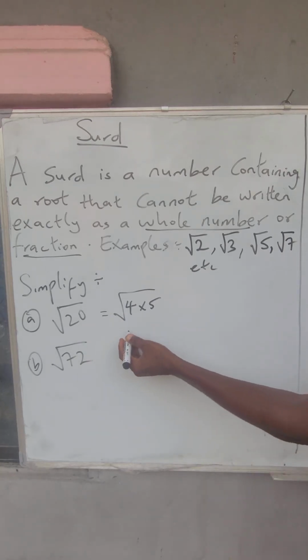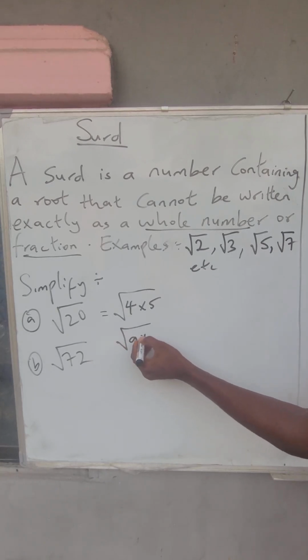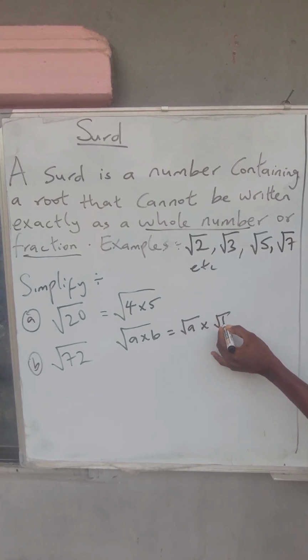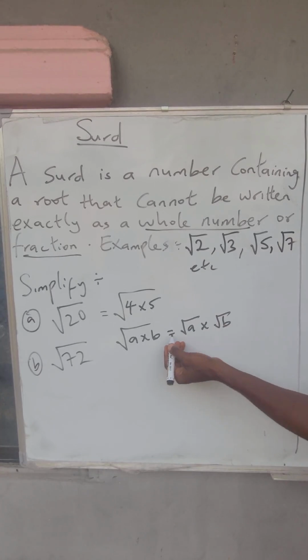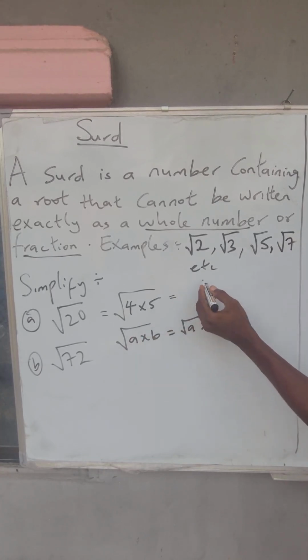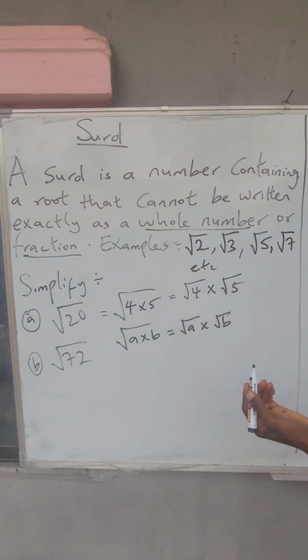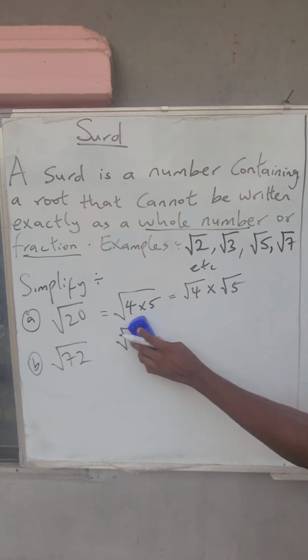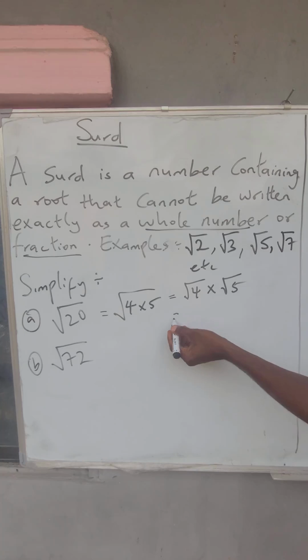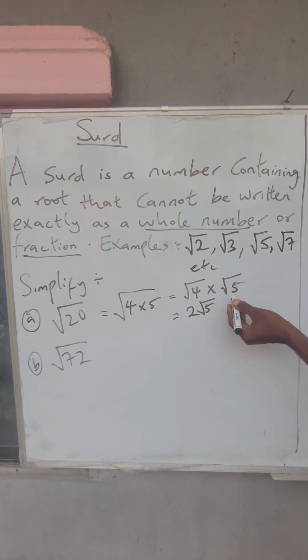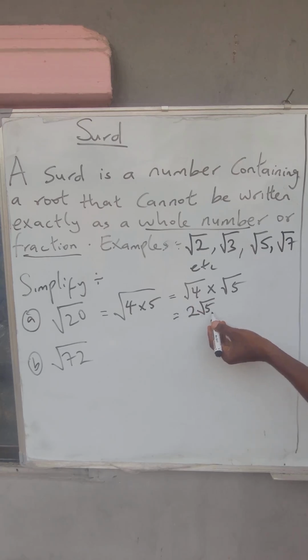Now when we have root of a times b, this is the same as root a times root b. When we apply this rule here, we have root 4 times root 5. So root 4 is 2, times root 5. Since root 5 is a surd, you cannot simplify it further. So you have 2 root 5. That means simplifying root 20 gives 2 root 5.